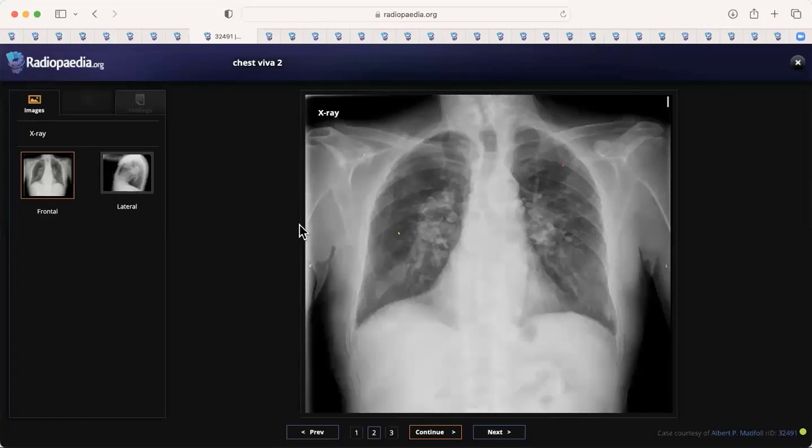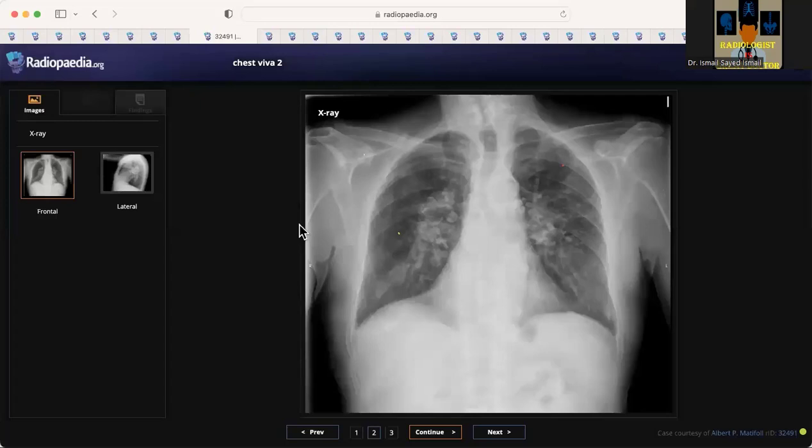I'm presented with a frontal chest radiograph of a skeletally mature patient. I can see bilateral hilar shadows, more on the right side. The hilar shadows show eggshell or peripheral calcifications.